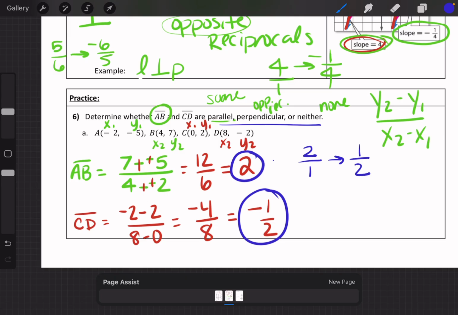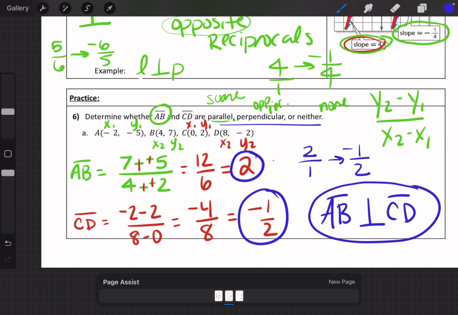And then we want the opposite, so that would be negative. So these are opposite reciprocals. We're going to say that these lines are perpendicular. And I would prefer that you use the perpendicular symbol. You can write it out with words if you really want to, but I think the symbol is easier. If we were to look at those slopes and none of those things were true, then we would go with neither.